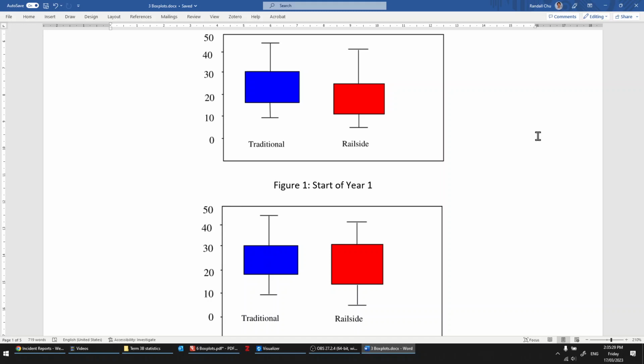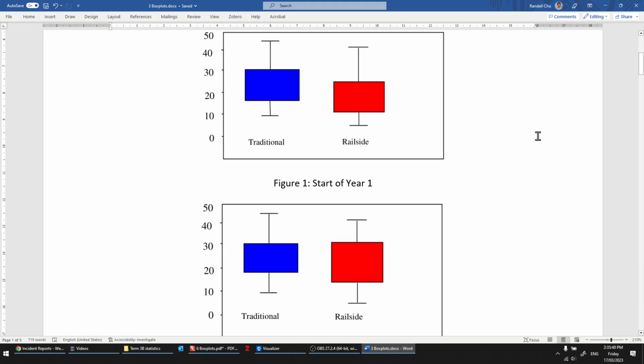This is quite a lot to read, but have a look at the bottom box plot. What's happened after the teaching? There's a gap initially. See, this is Q3 here, guys.